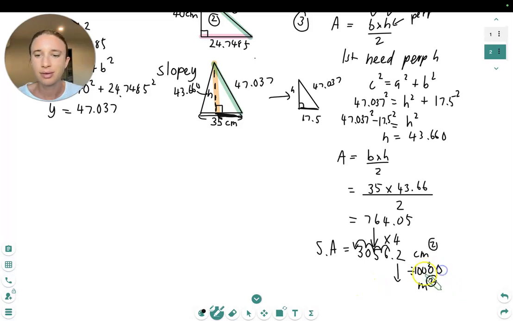And what do we got? 0.3056. And to 2 decimal places, that's going to be 0.31 square meters is the surface area.